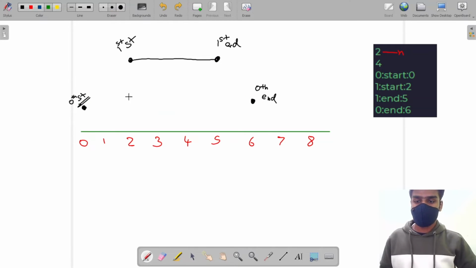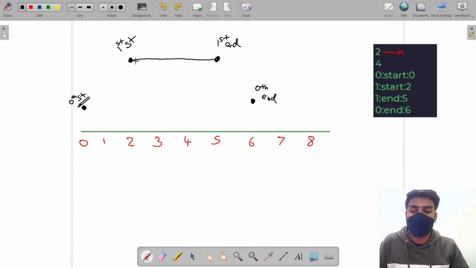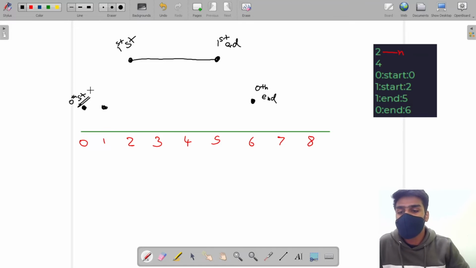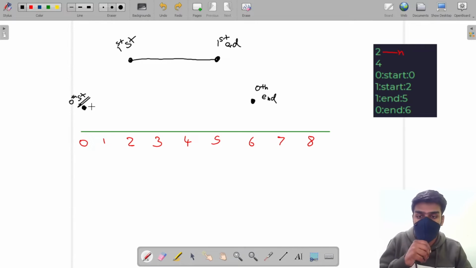So now, this 0 is not working from 0 to 6 till the end, because in between the first function is working. So my 0 is working only from 0 to 1 and then at 6. For example, if the first function was working from 2 to 4, ending there, then my 0 was working from 0 to 1 and 5 to 6, because at one time only one execution will take place.